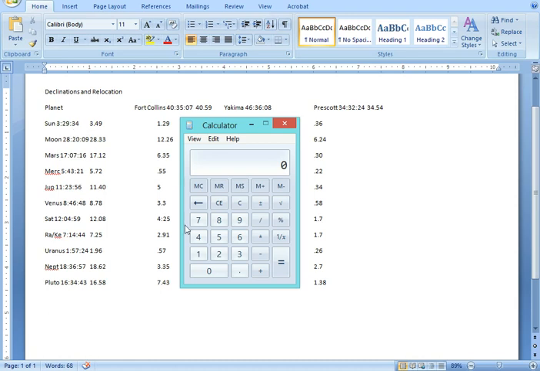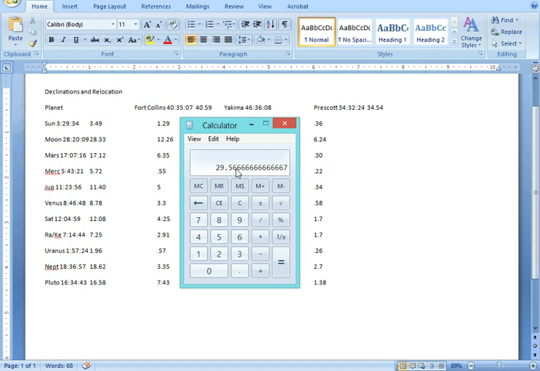We start by taking 34, which is the seconds, dividing it by 60. That gives us 0.566. And that is the decimals of minutes that the seconds equal, the fractions of minutes, basically. To that, we're going to add the minutes, which is 29. So 29 minutes, 34 seconds equals 29.566 minutes.